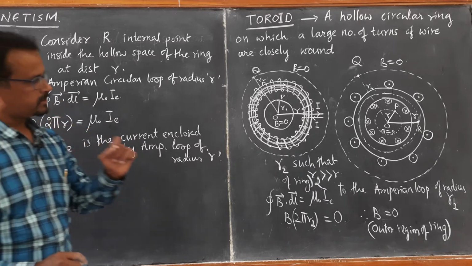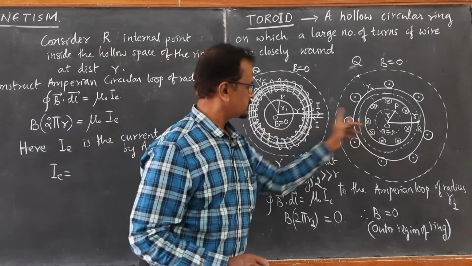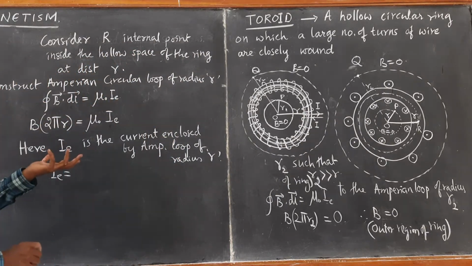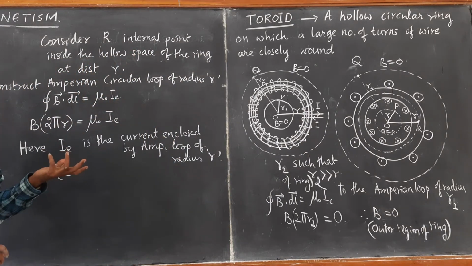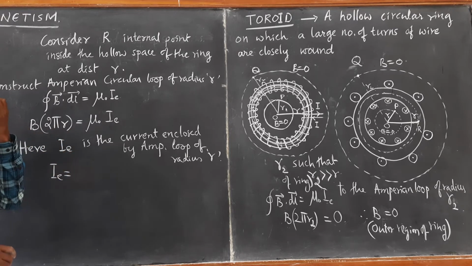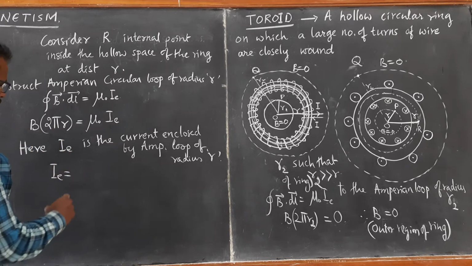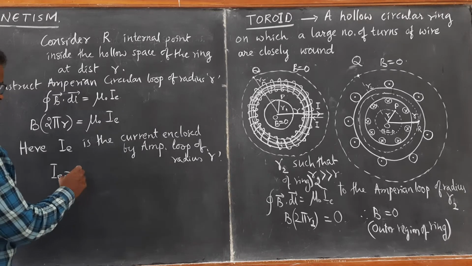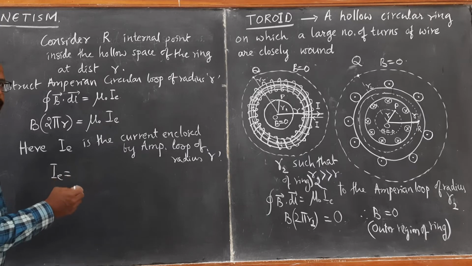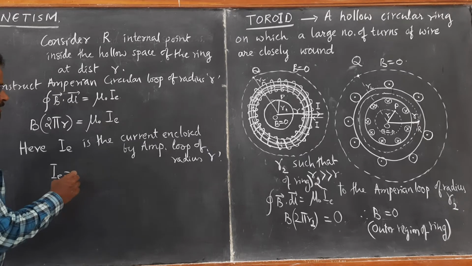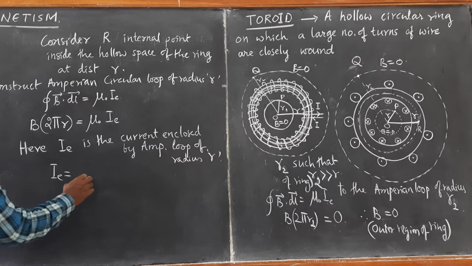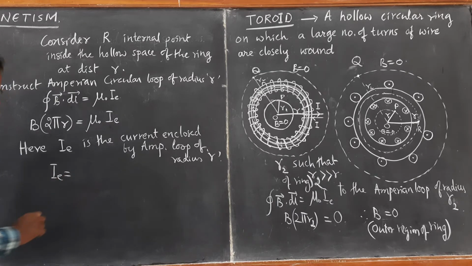Through each turn, the current entering is I. Therefore, what is the current entering through all the turns? Per turn it is I.